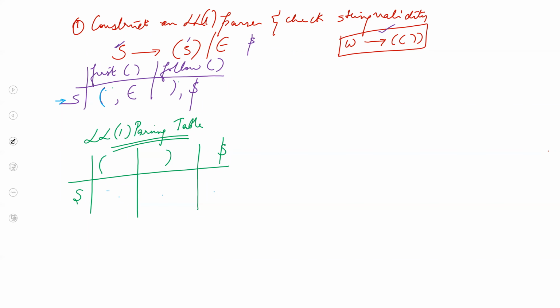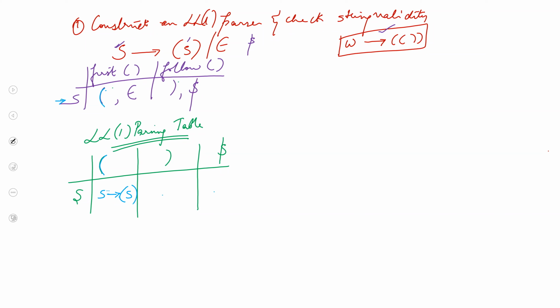So, in the corresponding portion of the opening bracket, you will write the actual rule of S. The actual rule of S is S. Okay, now wait for a moment.